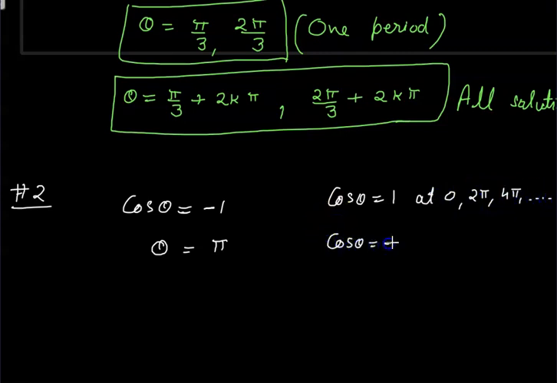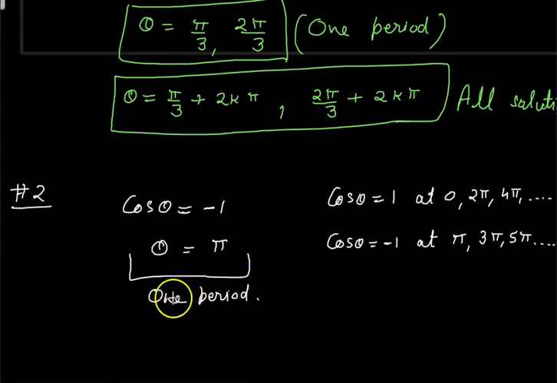And cos theta is -1 at odd pi, like pi, 3 pi, 5 pi and so on. This is the solution in one period. Cos has only one solution in one period for -1.